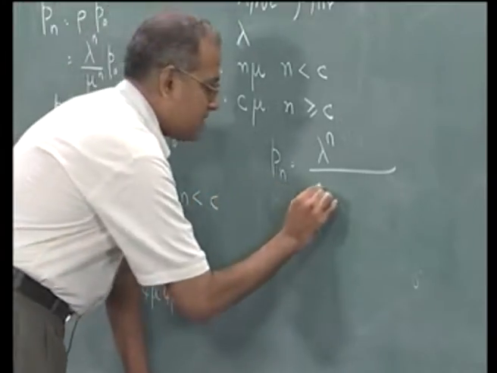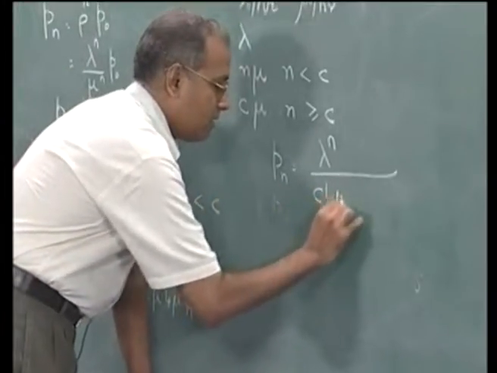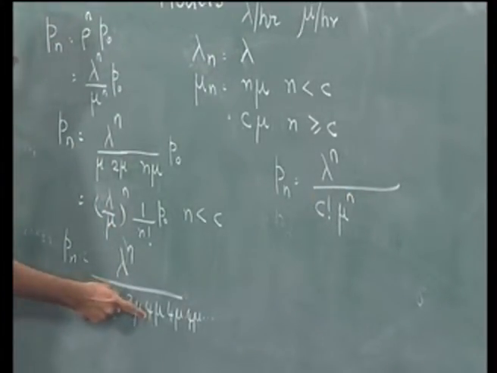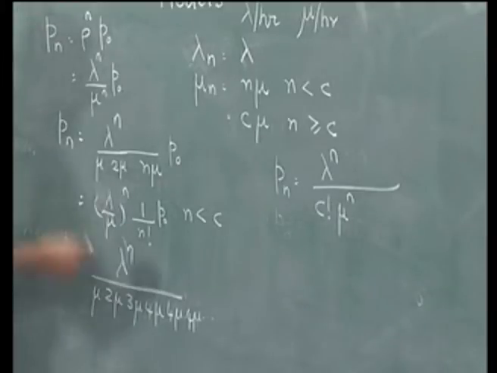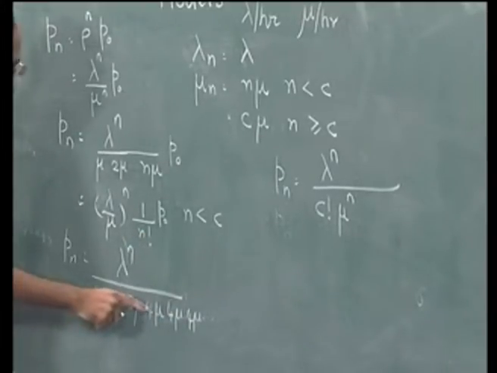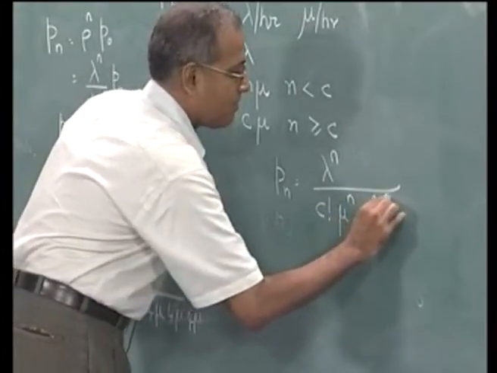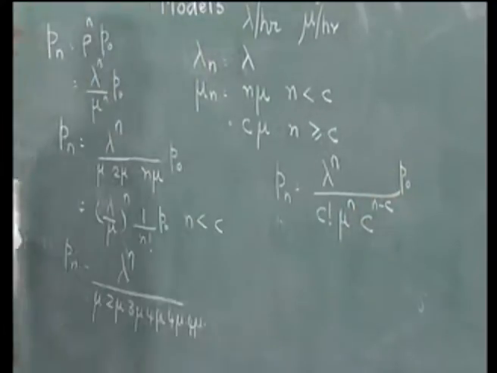So, we have c factorial mu power n, and for the first c terms it will be c factorial, and for the remaining n minus c it is c, c, c. So, c factorial into c to the power n minus c into P naught.